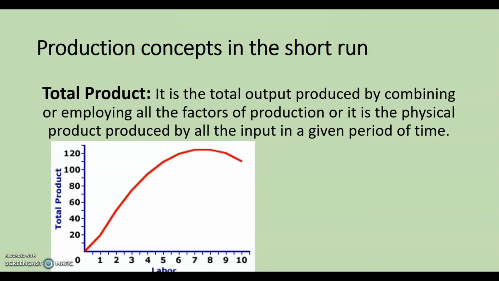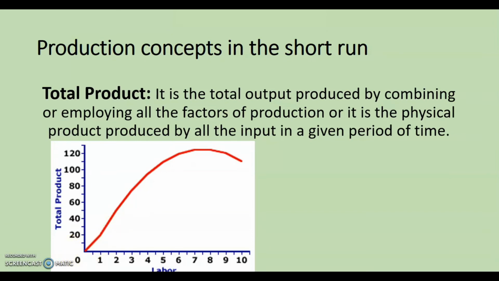Now, let's look at the graphical representation of the total product. As you can see on your screen, the total product always varies with output. So when output is 0, your total product is also 0. When output starts to increase, then the total product also increases.